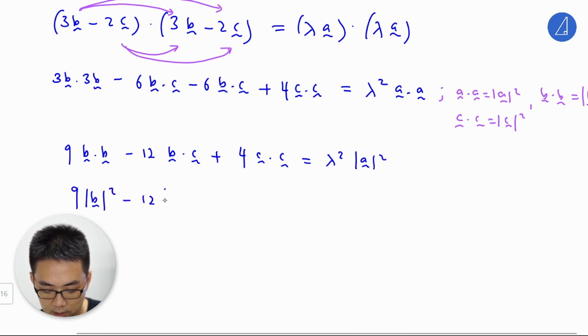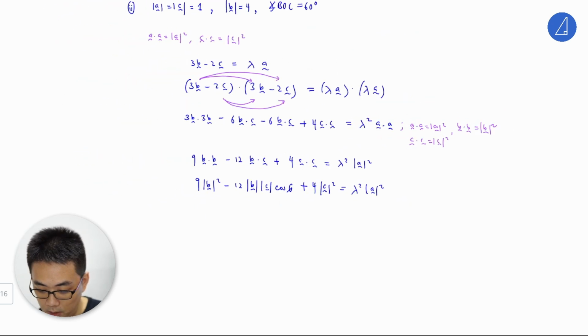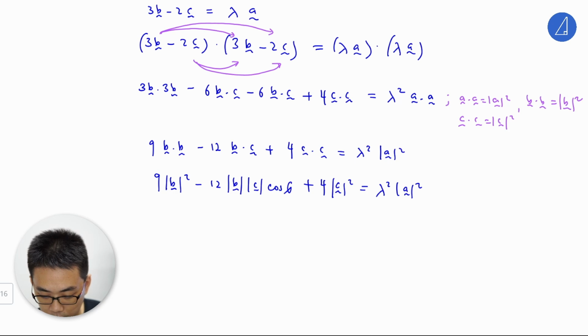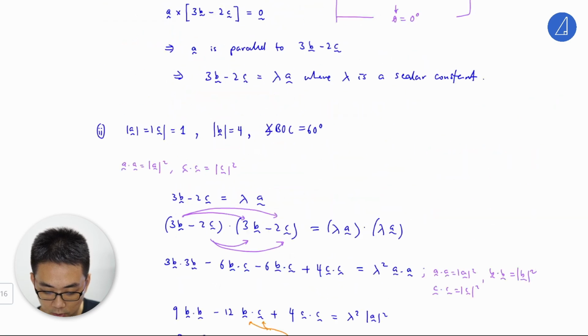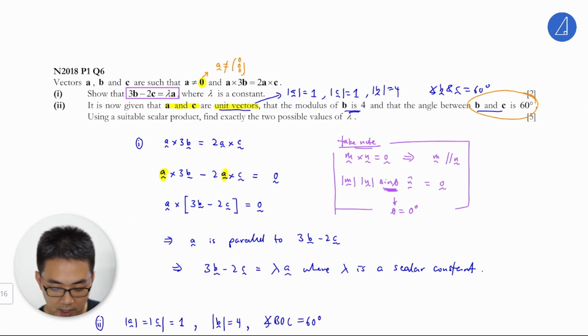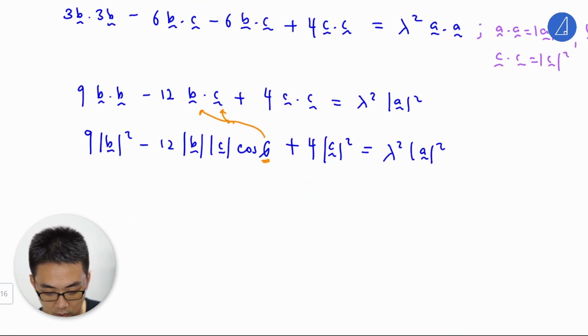B dot C is mod B mod C cosine theta. Cosine theta will be referenced because this should be the angle between these two. Because you are given theta, right? Theta is 60, the angle between B and C is 60, so we can just use that.